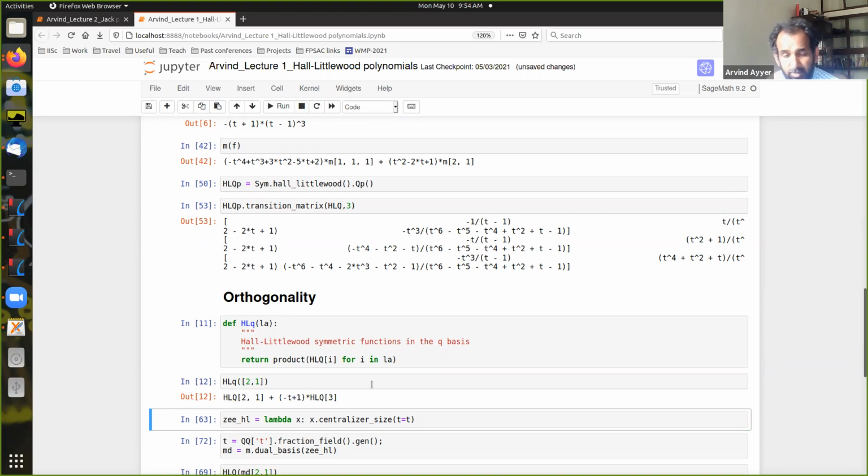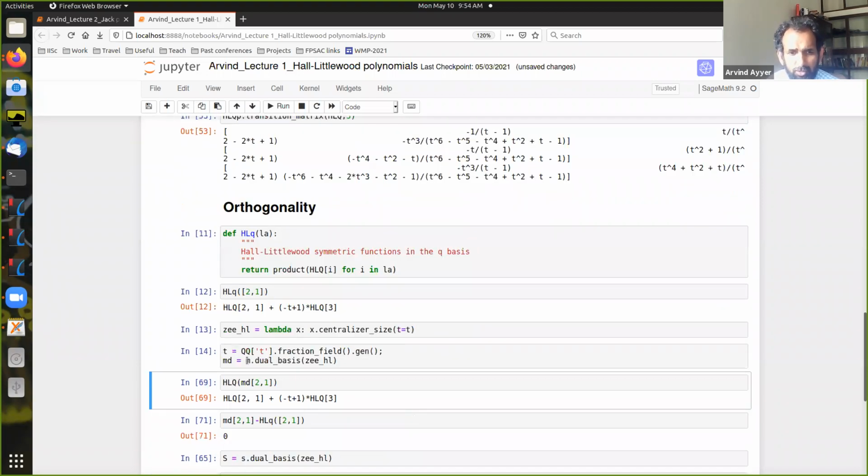Sage has a way of defining dual bases in terms of any inner product that you like. Here I'm defining the Hall inner product. You take an x and you take its centralizer size in this general sense, so you leave t arbitrary. To define the dual basis, you have to set t to be the generator of this fraction field.